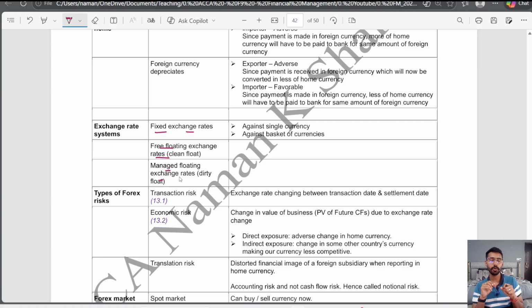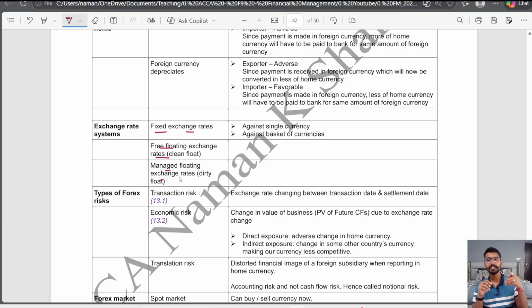Free floating exchange rate system is a market in which exchange rates are completely based on demand and supply. The value of a currency is completely based on demand and supply of that currency. And then managed floating, which is also called a dirty float, is a mix of demand and supply plus fixed exchange. In managed floating, you let demand and supply run the currency in a particular range.